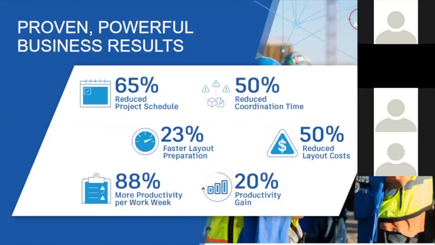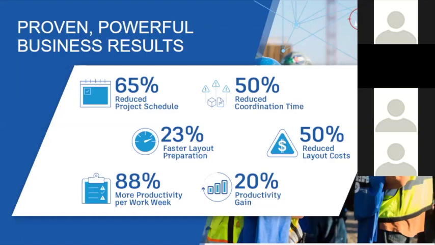The people in the industries who have already used it, this is a brief review of the results. If you take schedules, almost 60% of the project schedule has been done digitally by using BIM, and 50% of coordination time has been reduced. You can take coordination in many ways, like sharing files, meetings, site visits, or checklists.